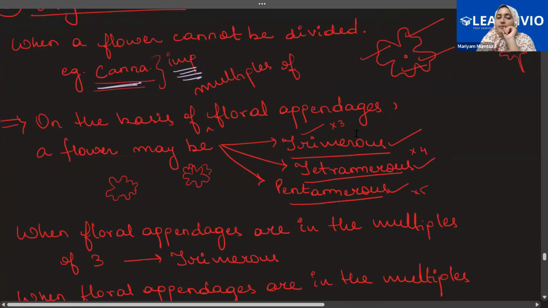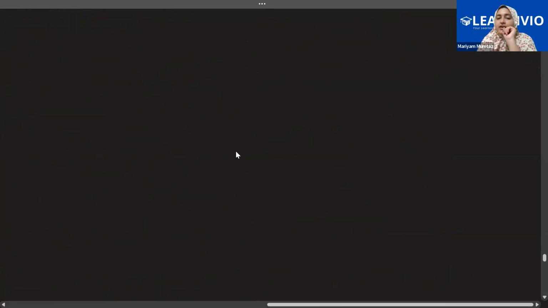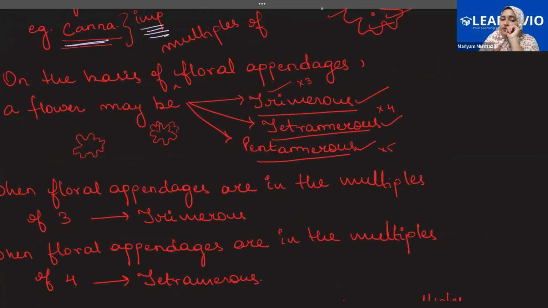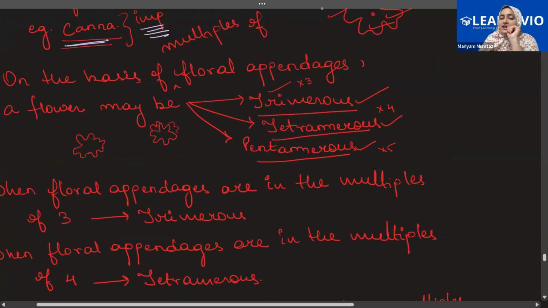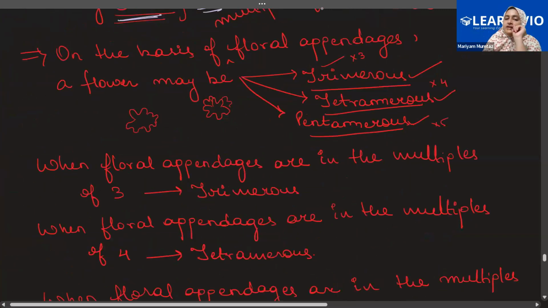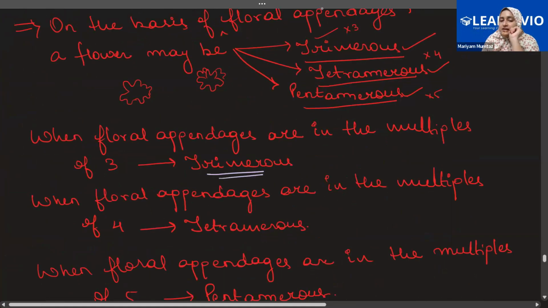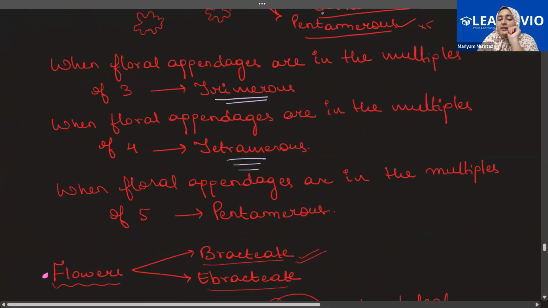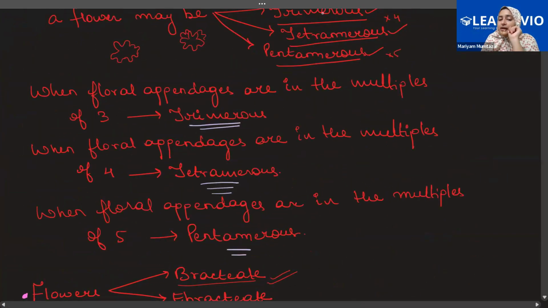On the basis of that, the flowers can be trimerous if the floral appendages or the petals are in multiples of 3. If they are in multiples of 4, we'll call it tetramerous. And if they are in multiples of 5, we'll call it pentamerous, depending upon the number of petals that are there. Let me show you the picture of it.